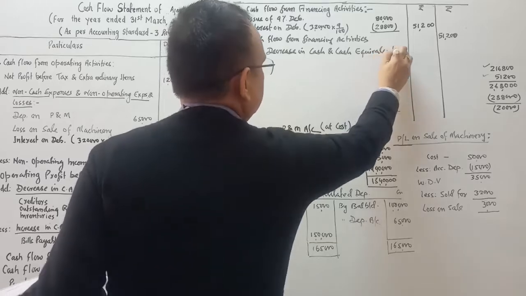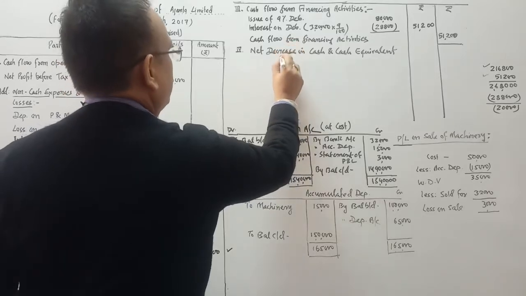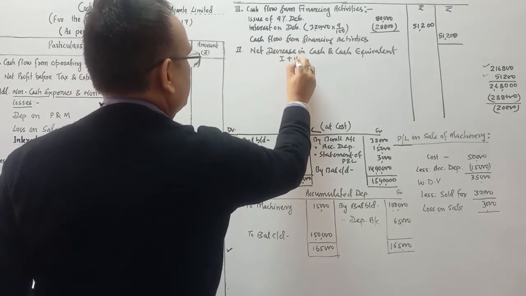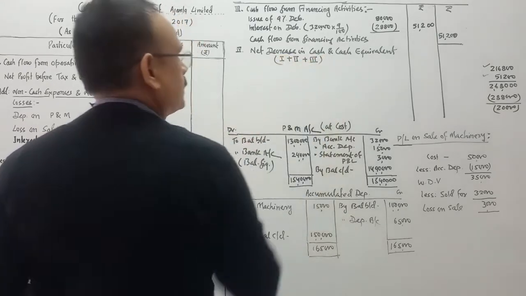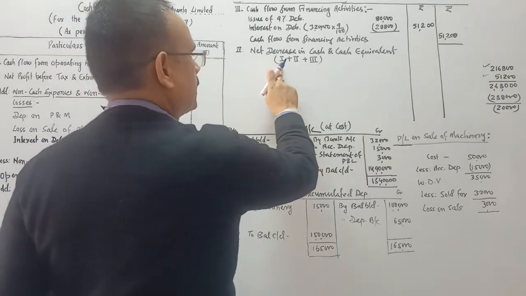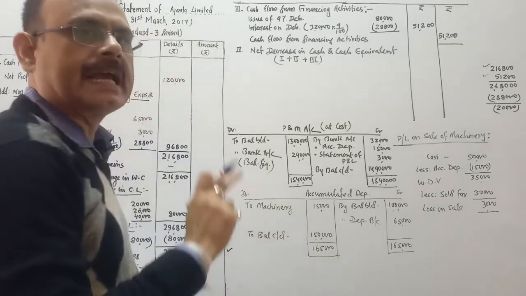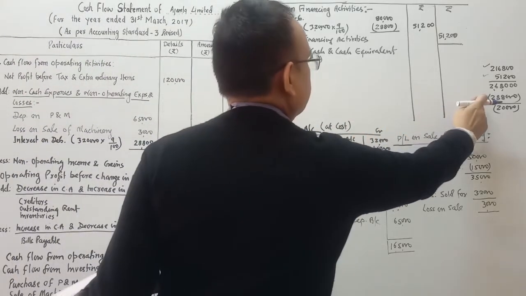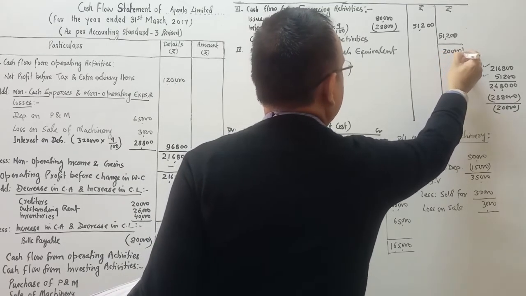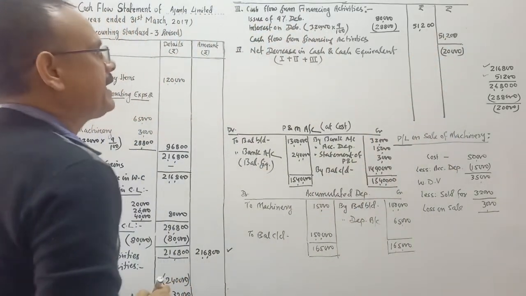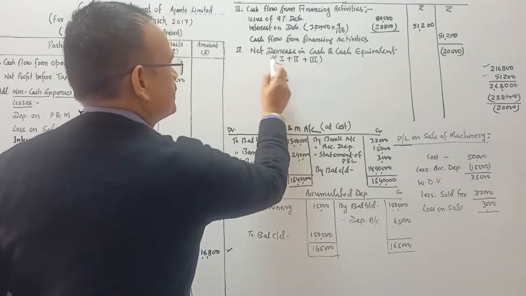For that we do the total of the three activities: activity number 1 plus activity number 2 plus activity number 3. In activity 1 and activity 3 there is cash inflow, but in activity 2, investing, cash is used. That's why we have deducted. So the difference is 20,000 minus. It means net decrease in cash and cash equivalent, and if it is plus then we will write net increase.